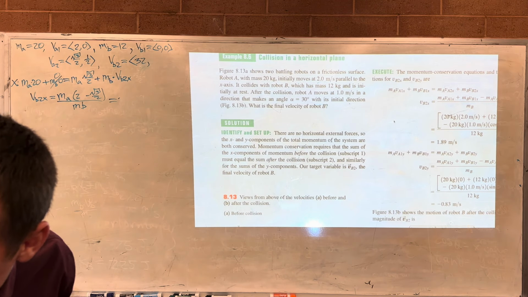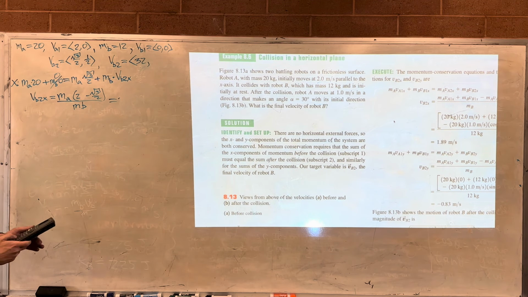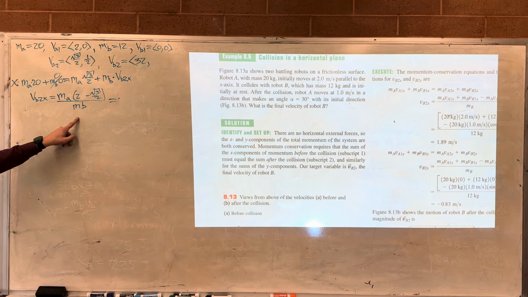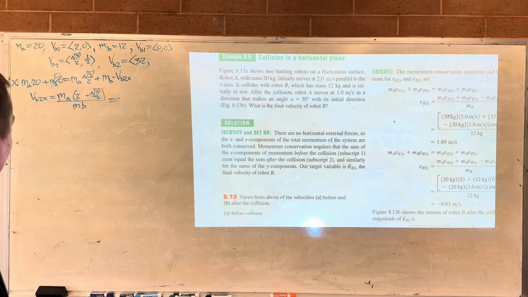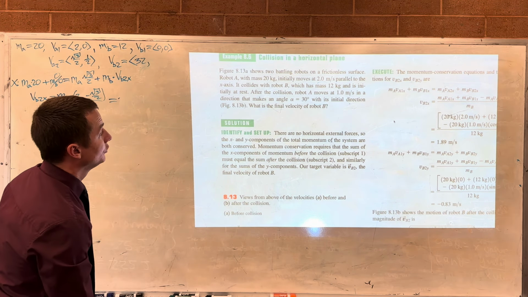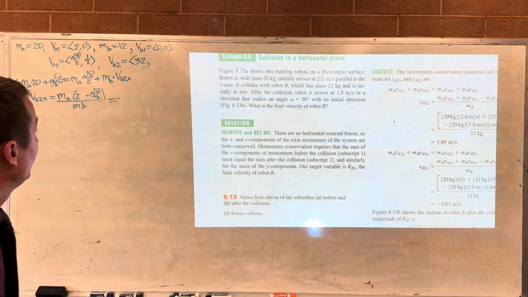Let's try that one again. So we've got 20 times 2 minus square root of 3 over 2, all divided by 12. Comes out to 1.89. If we do 2 significant figures, it's just going to come out to 1.9.